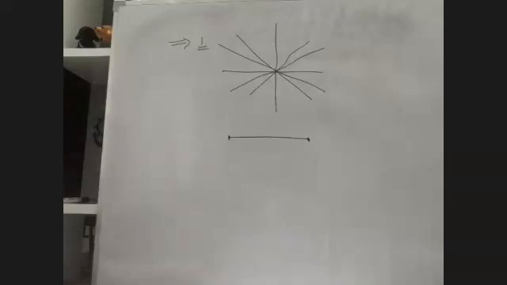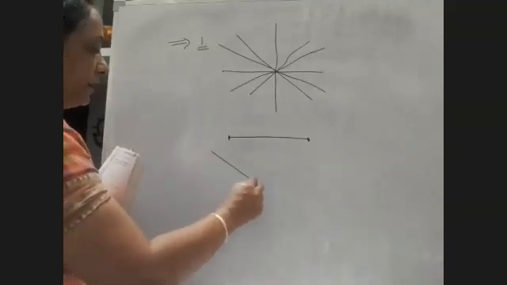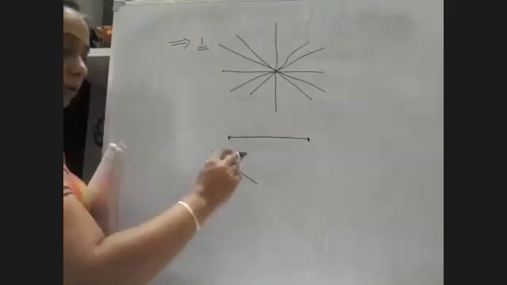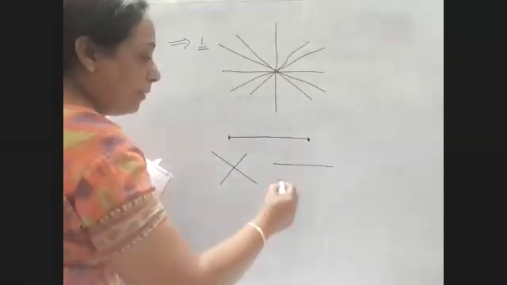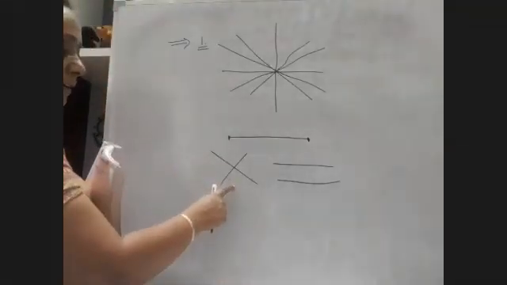Third is, 2 different lines in a plane either intersect at a point or are parallel. If we have 2 lines, there are 2 properties. Either they intersect, or if they don't intersect, they are parallel. These are intersecting lines.